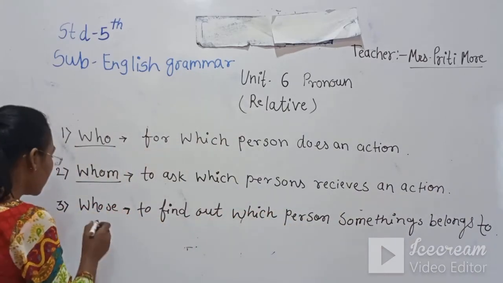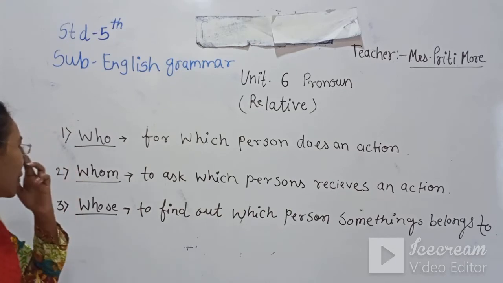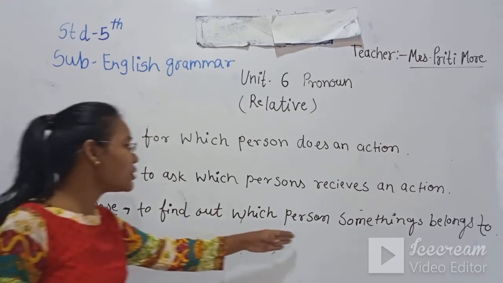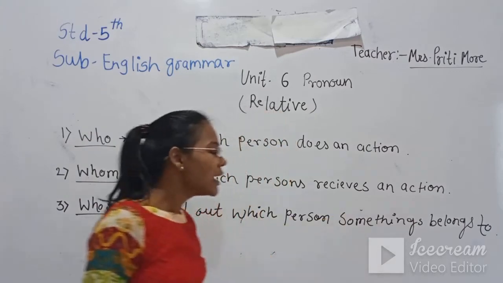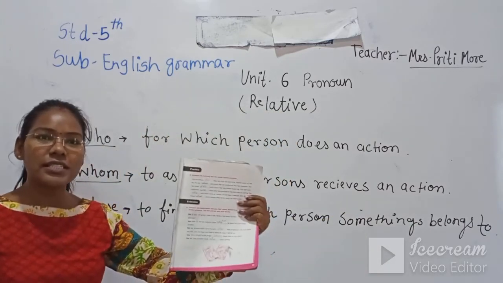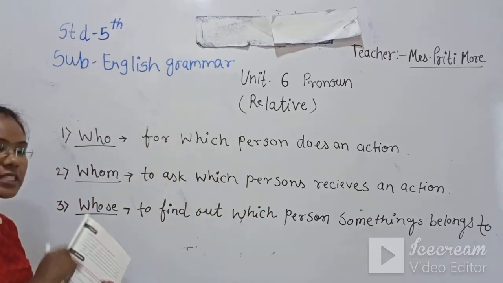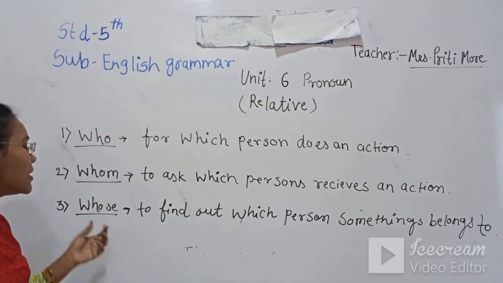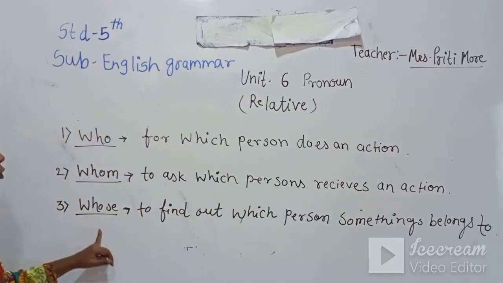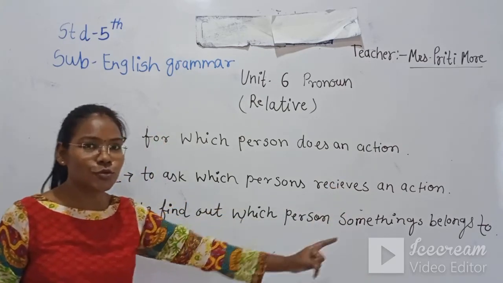Here, whose shows the authority and right in the sentence. Whose, to find out which person something belongs to. That means whose pen is this? Whose book is this? That means whom this book belongs to, whom this pen belongs to. That means to show the authority, to show the right, we use whose.